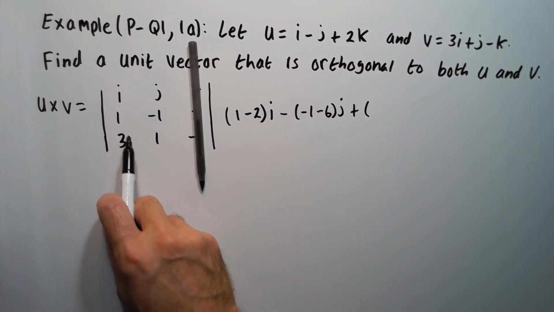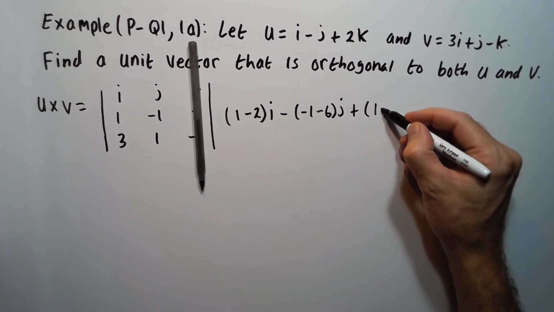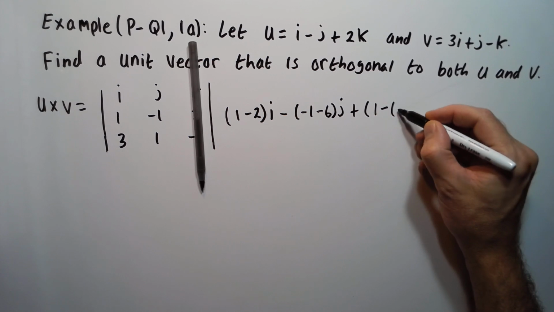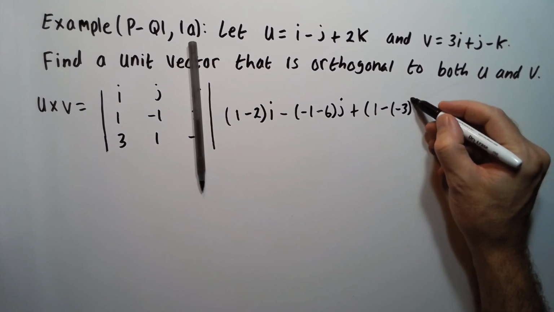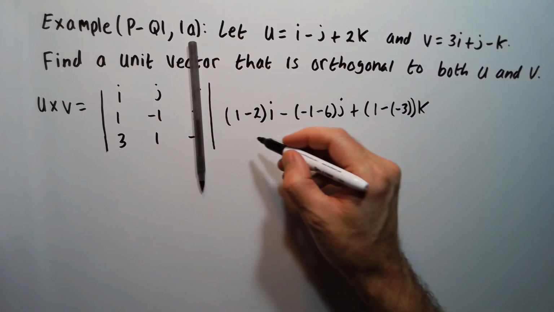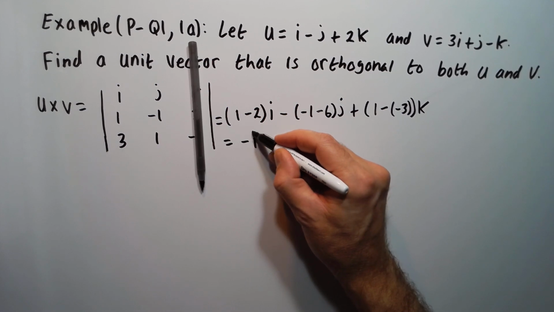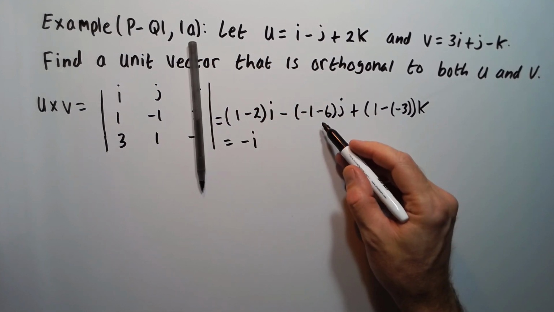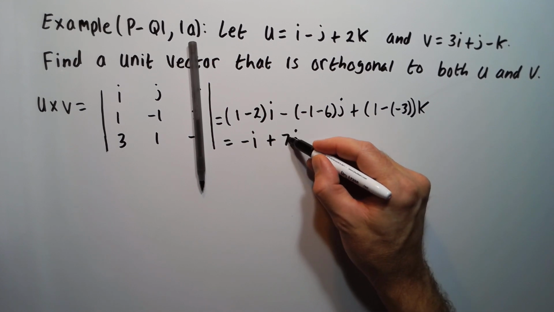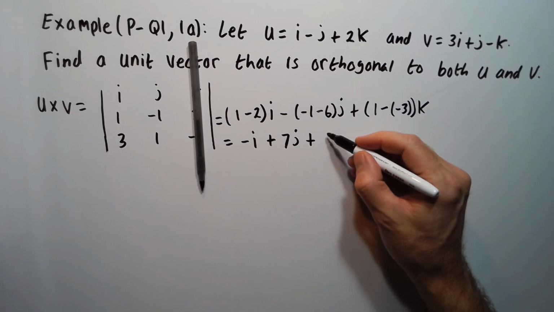It'll be 1 times 1, so 1, minus 1 times minus 3, so minus a minus 3 here, in the k direction. Simplifying, this equals minus i, then 2 minus 3, plus 7j, and plus 4k.